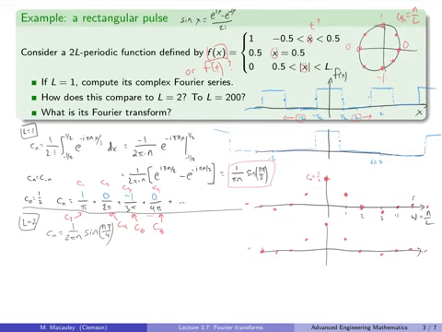So this here corresponds to C1, this is C2, this is C3, this is C4, this is C5, etc. But now this is C2, this is C4, this is C6, this is C8, and this is C10. And we're going to have these gaps that are in between. So the C1s, the C3s, these are going to be like this.